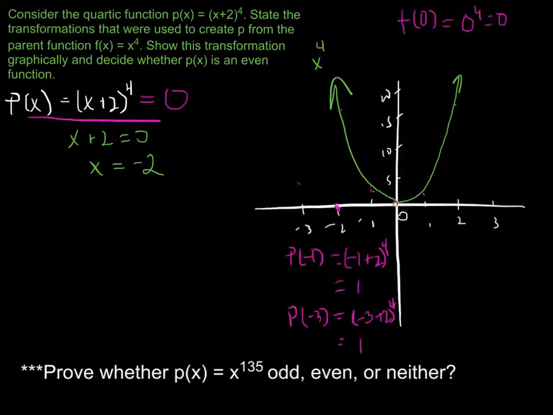If I were to plug in -4 or 0, I would get 2 to the fourth power, which is going to be 16. And so I can really accurately show P of x, which is x plus 2 to the fourth. And I can see that every point has translated to the left 2 units.